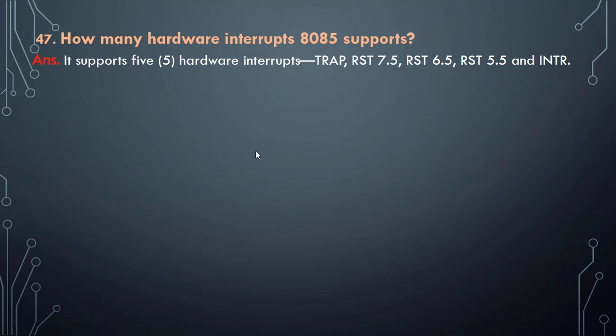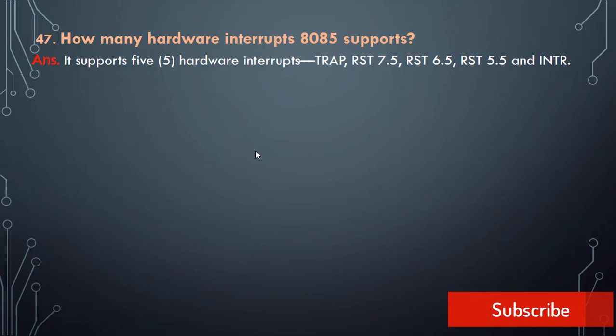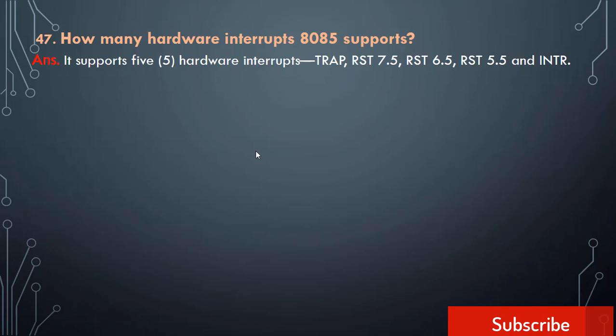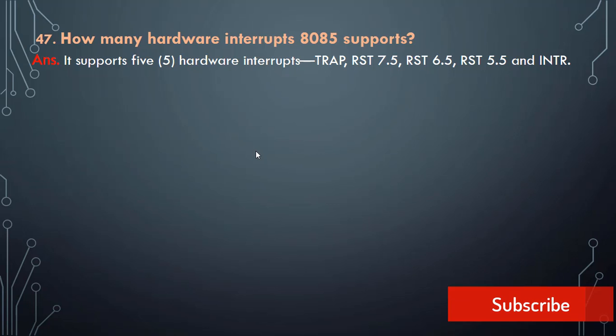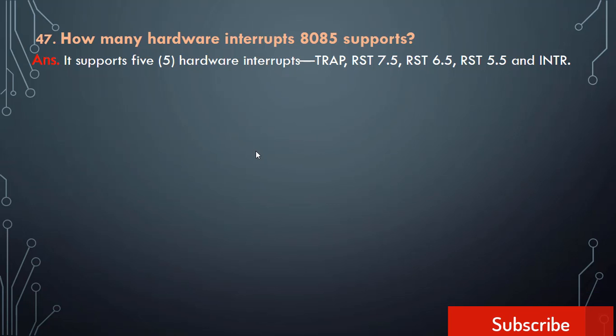The next question is, how many hardware interrupts does 8085 support? The 8085 supports 5 hardware interrupts. These are TRAP, RST 7.5, RST 6.5, RST 5.5 and INTR.